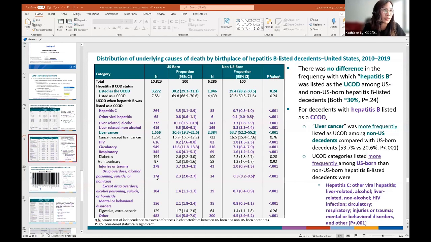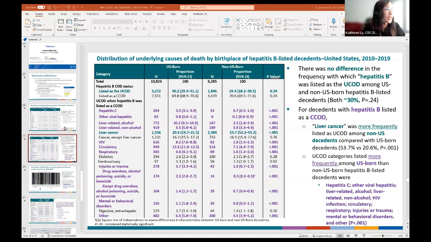Looking at the total burden for US born and non-US born, those deaths did not contribute much. I think it's about 2.3% and 0.3%.